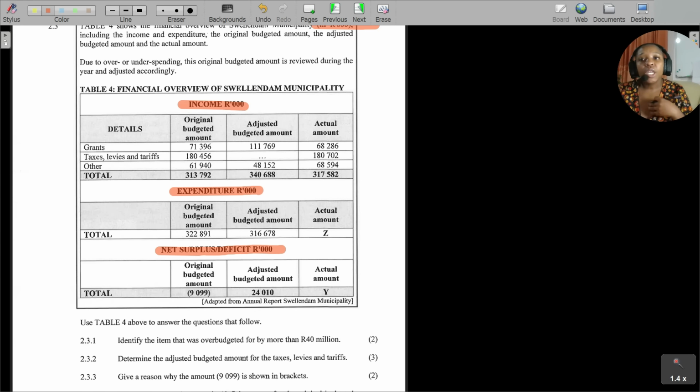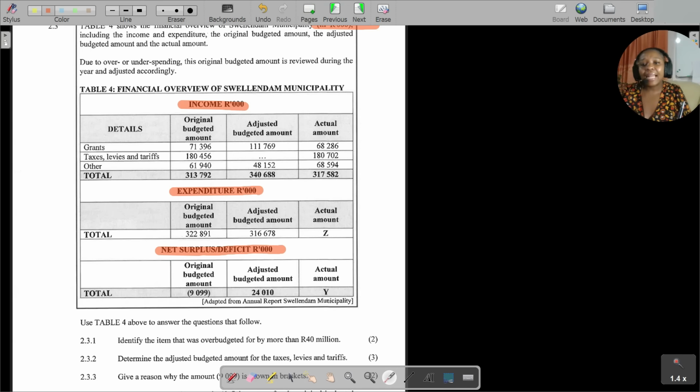Also, I always advise my learners that when you're analyzing such things, no one has a formula on how to deal with all of these different tables that we are going to be analyzing. But I do suggest that you give yourself some time to analyze how they moved from one value to another.